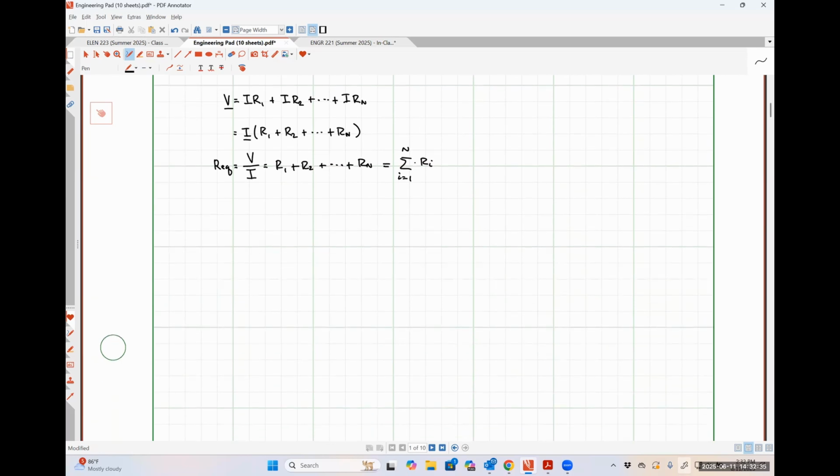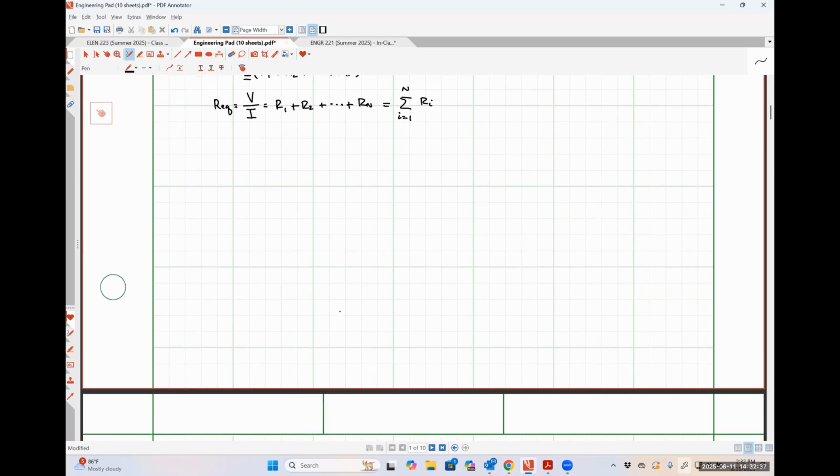So now let's look at resistors in parallel. So once again, I'm just going to treat my resistor network as if it were part of some larger network. And in this case, I'm going to have N resistors connected in parallel.